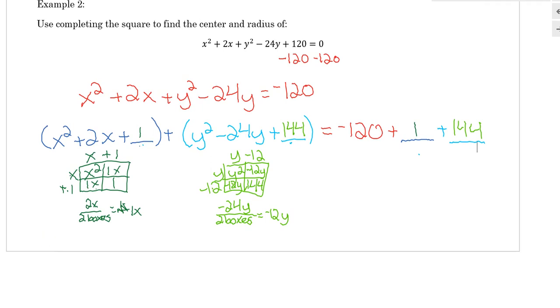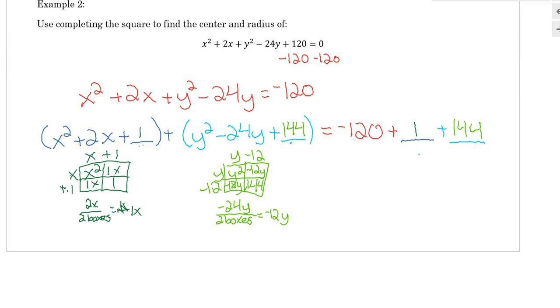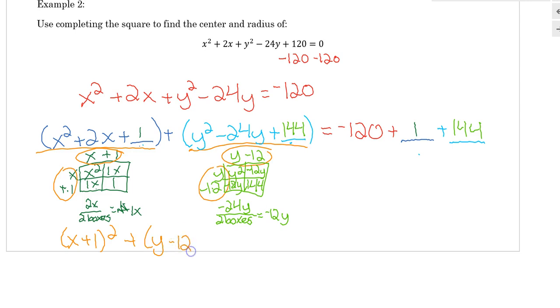Sorry, we're getting a little tight on space. I apologize for that. So we're rewriting this parentheses with what's outside of our box. I have x plus 1 squared plus this set of parentheses with what's outside our box, y minus 12 squared.